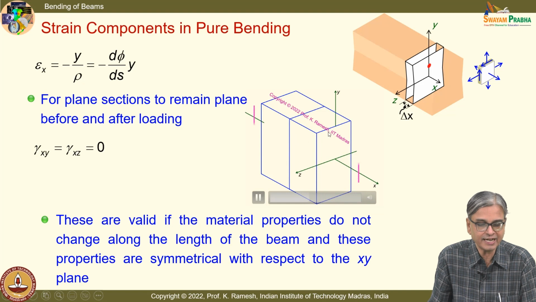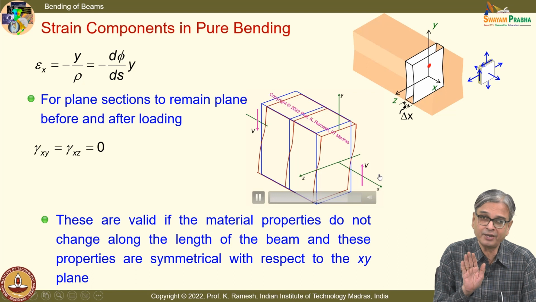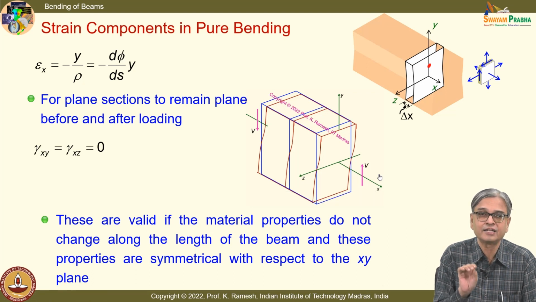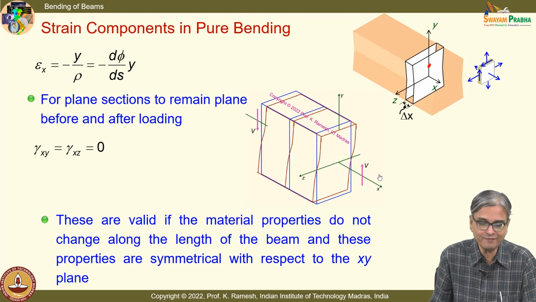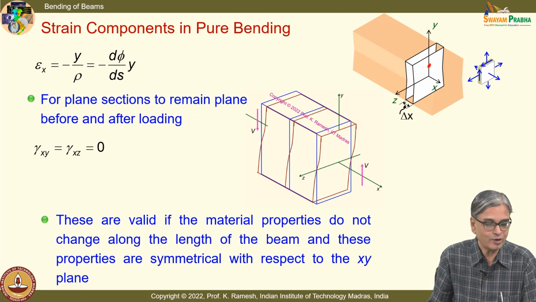And you have this plane section getting deformed in the presence of shear stress. But in the development of the beam theory, we are only looking at constant bending moment. So when the shear force is 0, we will have gamma xy is 0. Suppose I have shear force in the z direction, I would have gamma xz, but that shear force is also 0, so gamma xz is also 0.